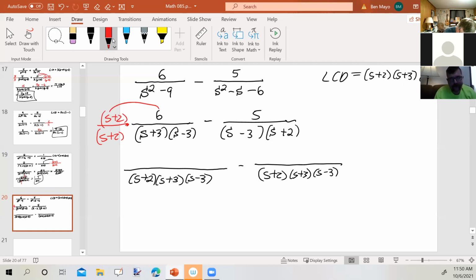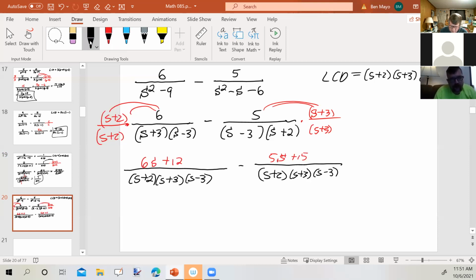So my new numerator is 6s plus 12. It's a good thing I can write outside of the whiteboard there. The second fraction, I'm missing an s plus 3. So my new numerator is 5s plus 15.